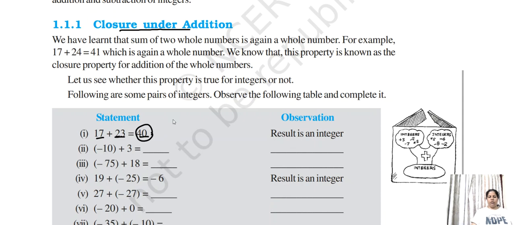Okay, so here we'll see addition of two different integers. Addition of two different integers means integer 1 and integer 2.